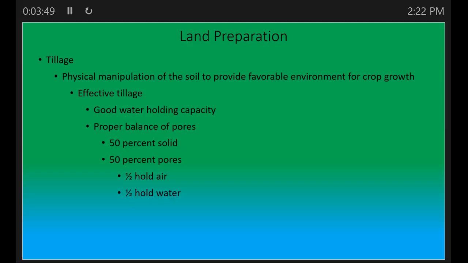You don't want a waterlogged system where all the pores are full of water. That's not good because then the roots can't breathe. It's very hard for oxygen to move through the water in the soil system, and so the plant roots start to asphyxiate, essentially. They need oxygen. So all of these are important things to consider, and what machinery you use to get that to happen depends on what plant you're growing and the quality of your soil.